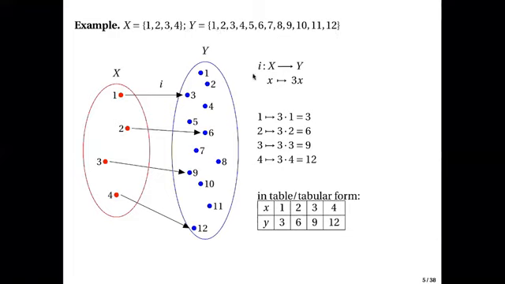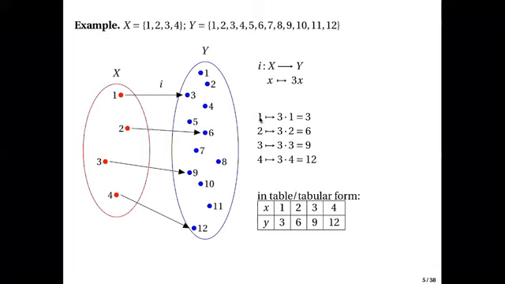We name the relation I, and we write this relation as follows: I colon X right arrow Y. This means that the set X is being mapped to the set Y. Below this, if you get an element x from capital X, that element x is being mapped to 3x from capital Y. So this x here is being mapped to 3x.